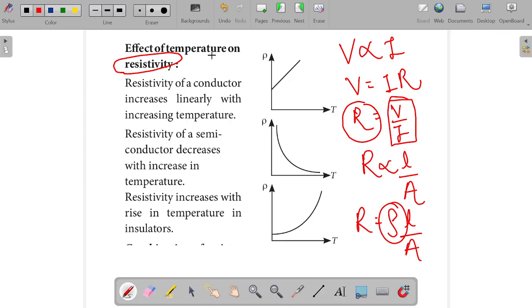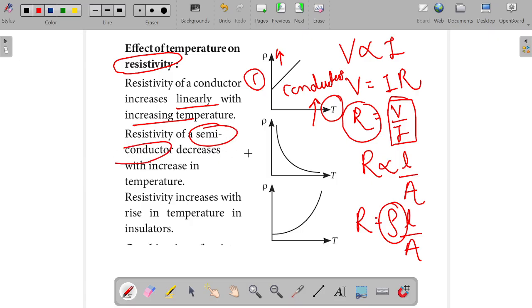Now what is the effect of temperature on different kinds of material? The first diagram is for conductors. For conductors, if the temperature increases, the resistivity increases linearly with temperature. Semiconductors are very special materials, and their behavior is different.